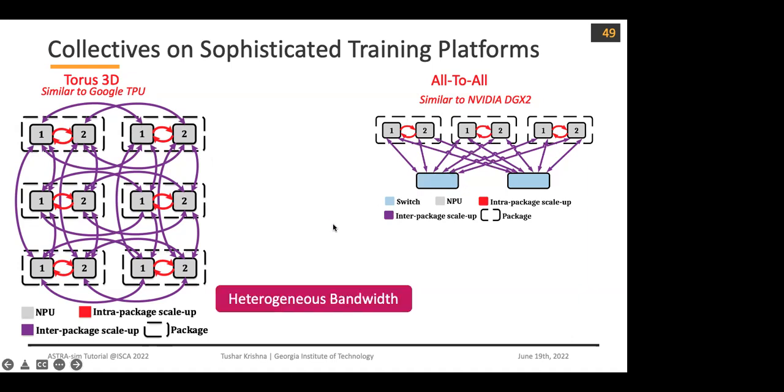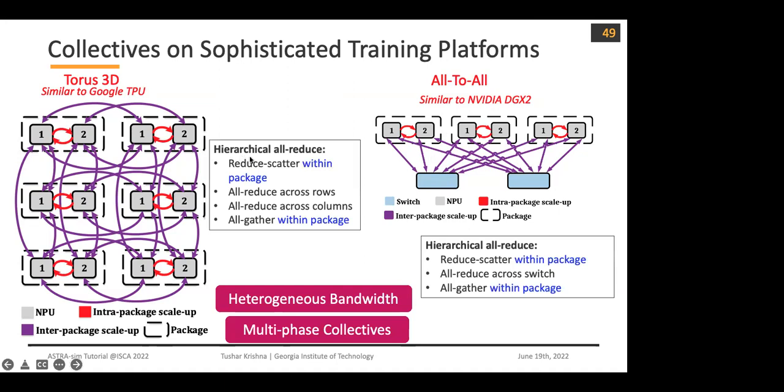So here the challenge now becomes that you have heterogeneous bandwidth, right? The bandwidth you get on chip or on package might be different from the bandwidth you get on these kinds of links like NV links. And so what that ends up meaning is that the collective algorithms I described are also run in a hierarchical manner over multiple phases.